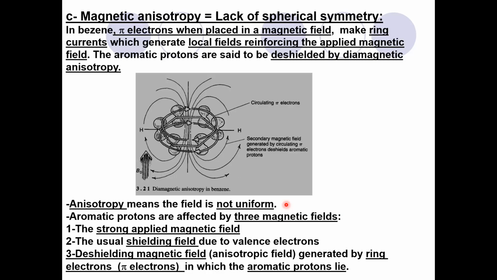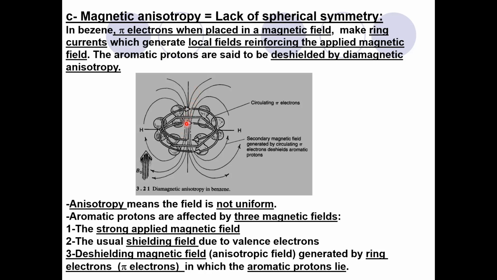The third factor which influences the chemical shift of a proton is magnetic anisotropy, or lack of spherical symmetry. For example, in benzene we have the pi electrons which circulate and generate local fields. These local fields have different directions according to the molecule.